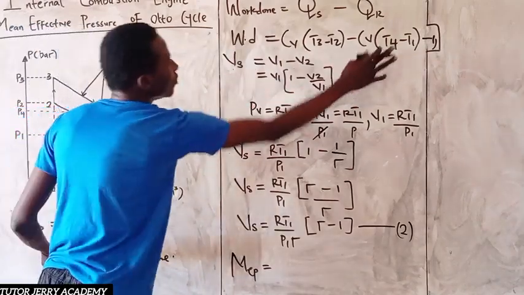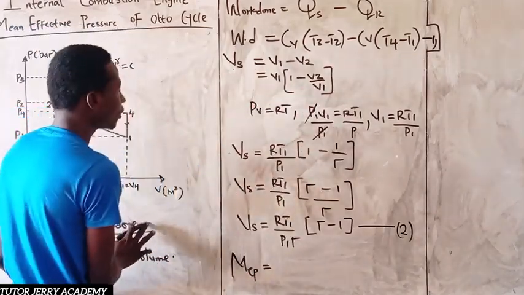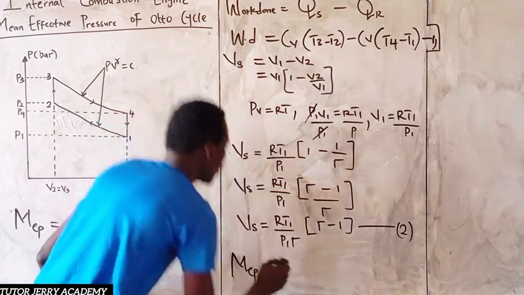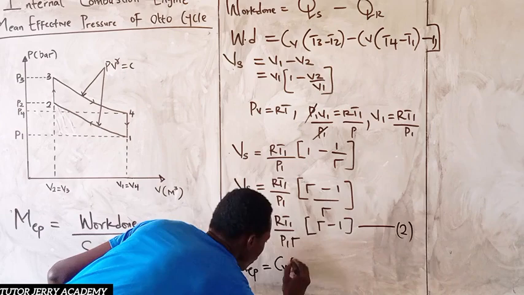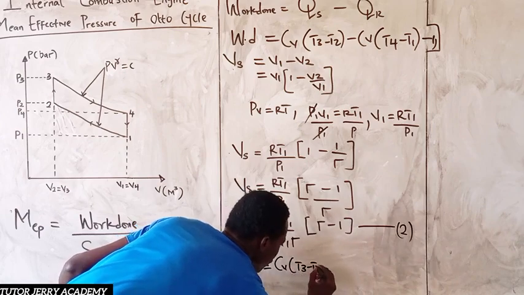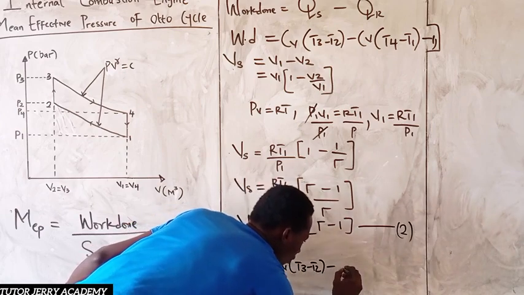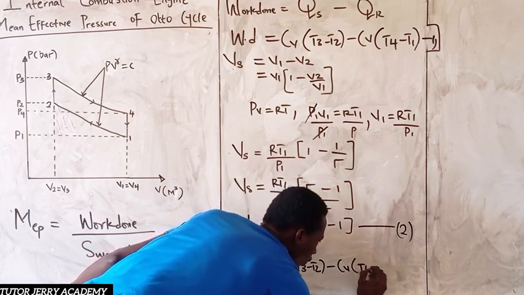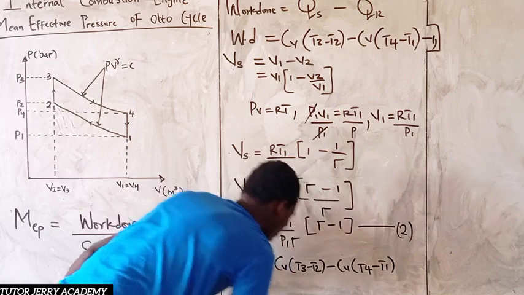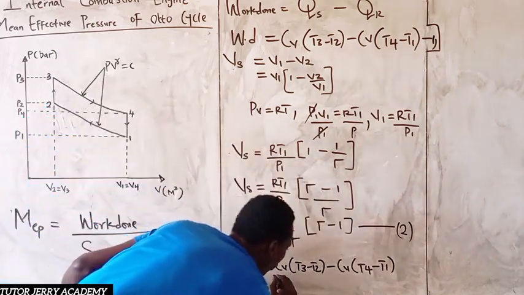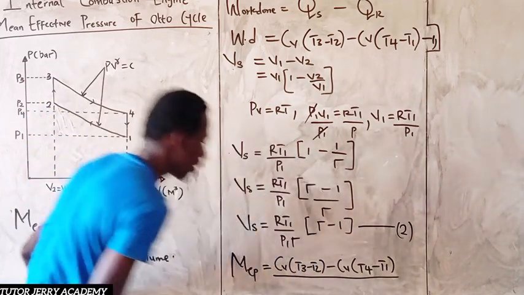My work done is equal to CV into the bracket of T3 minus T2, close bracket, minus CV into the bracket of T4 minus T1, close bracket, all over my swept volume.